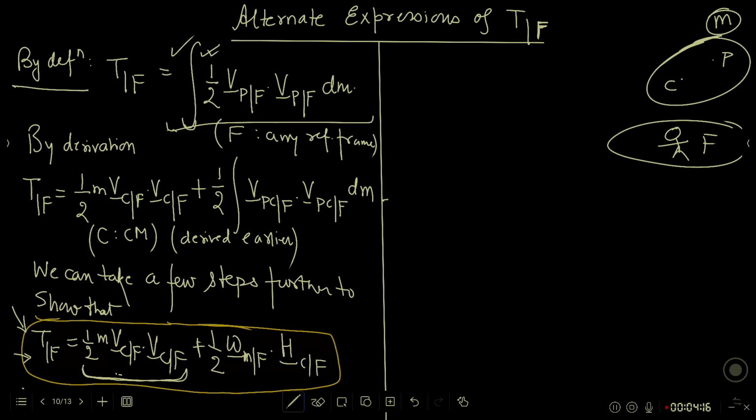HCF is the angular momentum of the RB about its center of mass with respect to F. Let's quickly prove this. Now to prove this, I don't have to start all the way from here. I'm going to start from this place because I derived it 3 slides ago.